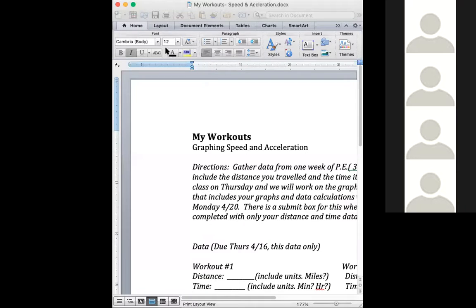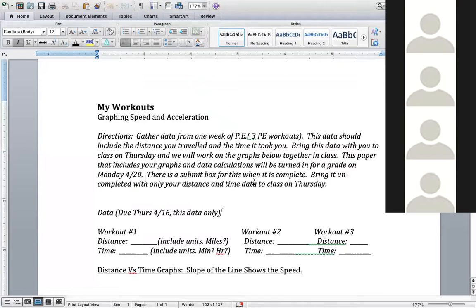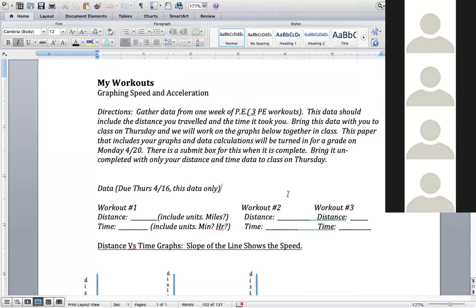So let me show you what the My Workout document looks like here. Let me make it bigger. Okay, this is the document I posted on Edsby last Sunday, and I referred to it on Tuesday. I showed this to you on Tuesday, and I said that today you needed to bring me your data. That's your distance and your time for 3 different workouts that you have done.